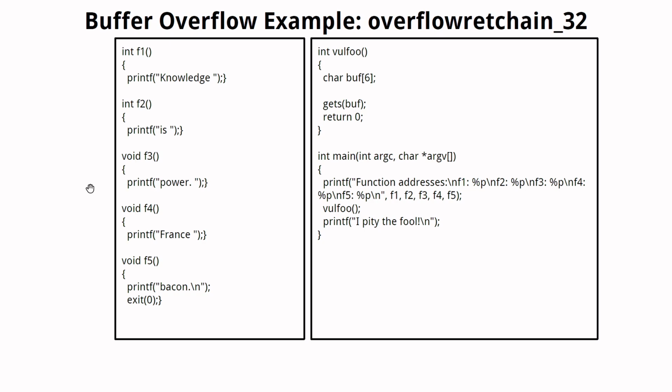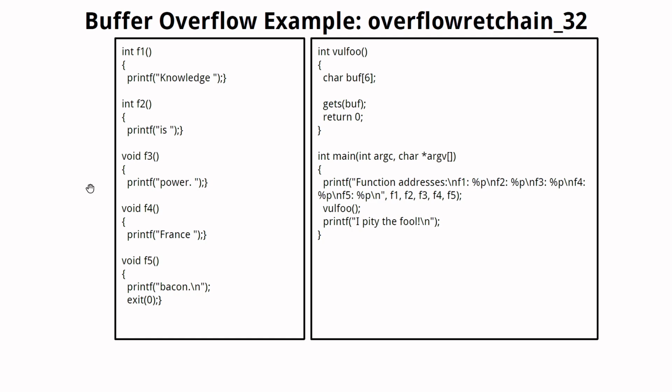That's a C library function, but eventually that library function makes a system call which has the same name, exit, which means F5 will not return, okay? So if F5's stack is corrupted, if F5 doesn't have a valid return address on its stack, it doesn't matter because it doesn't return.